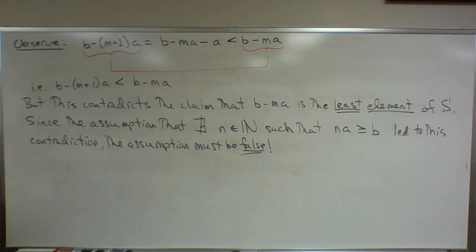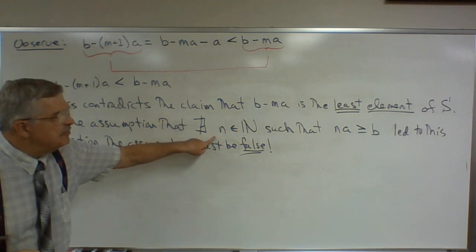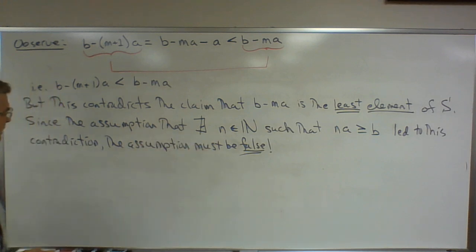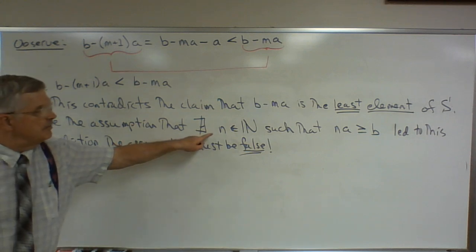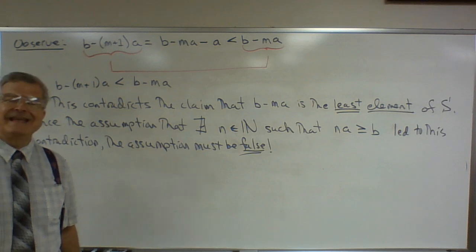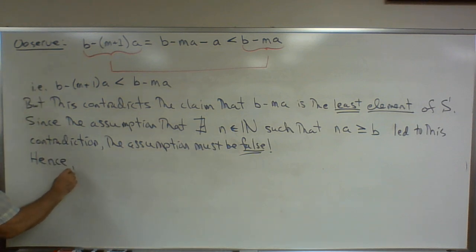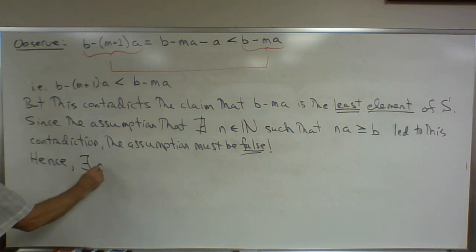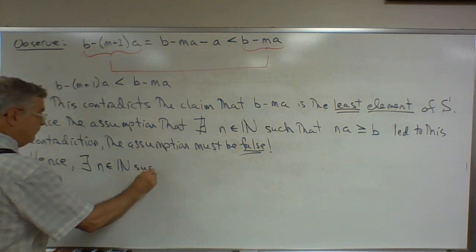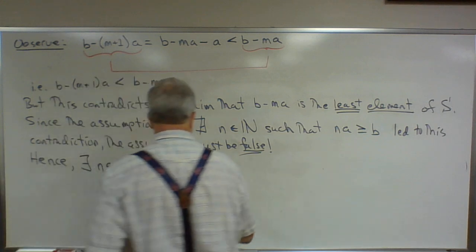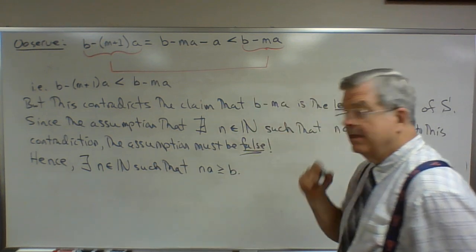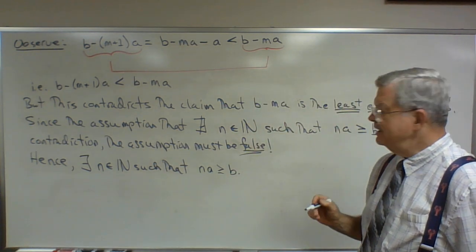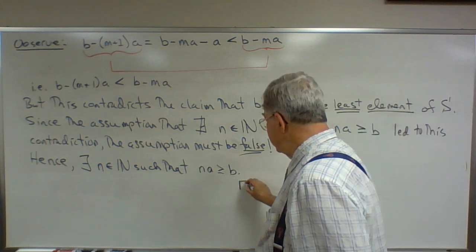This assumption has to be false because it led to a contradiction. And if this assumption is false, it must mean that the negation of that assumption is true. Hence, there does exist a natural number n such that n times a is greater than or equal to b, which is exactly what the Archimedean principle says. And that's the end of our proof.